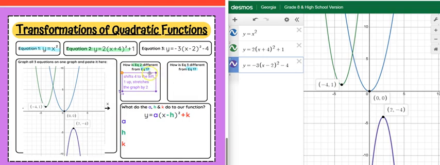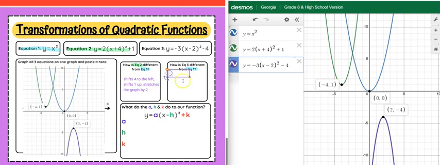So we can write it just like that: it shifts 4 to the left, 1 up, and stretches the graph by 2.